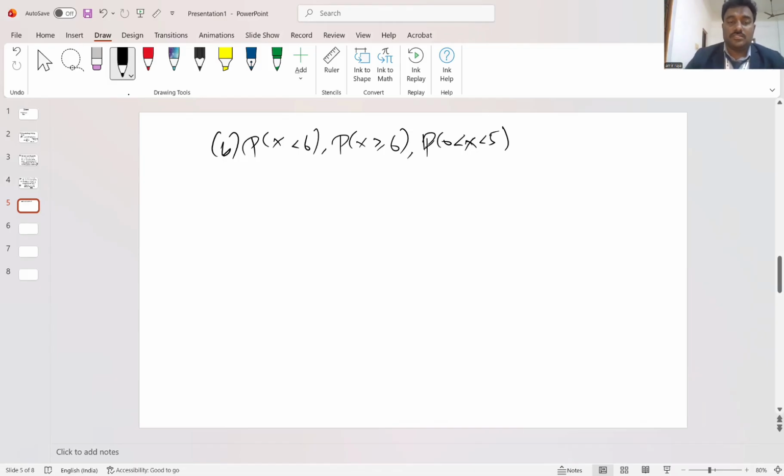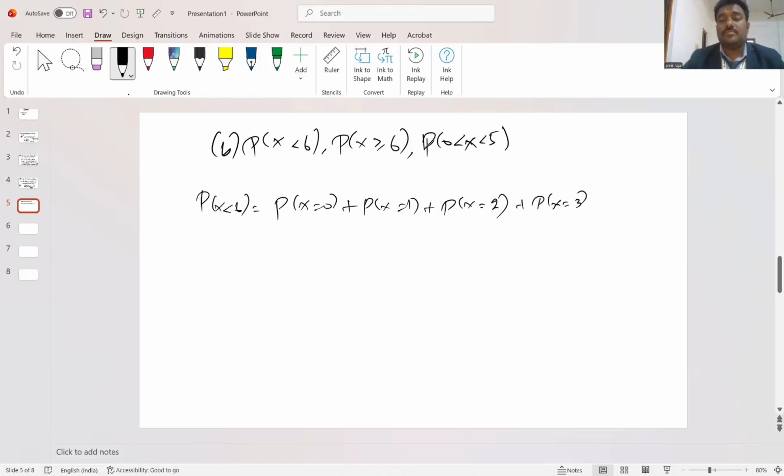So if you see this, the value of x less than 6 is equal to the probability of x being 0, 1, 2, 3, 4, or 5. Since it is given strictly less than 6, we are not taking 6. Why are we adding all these probabilities?